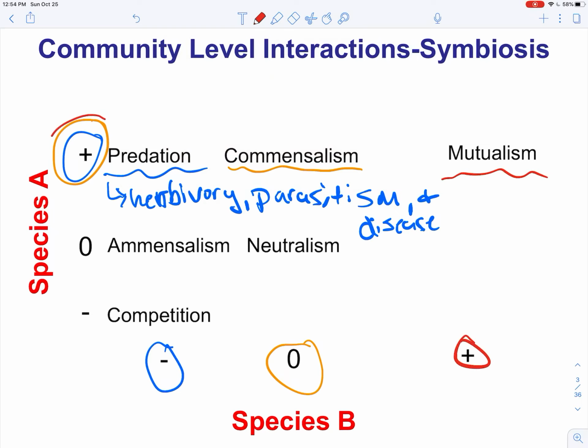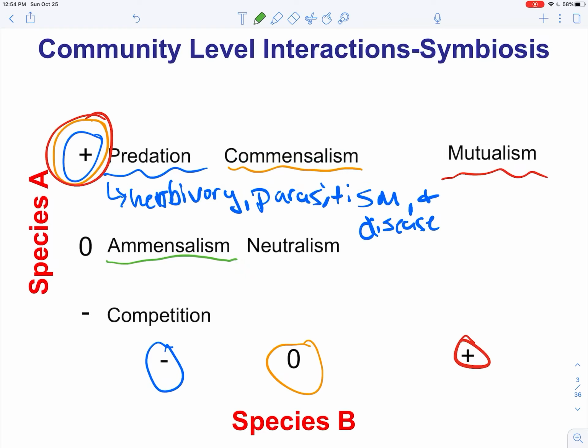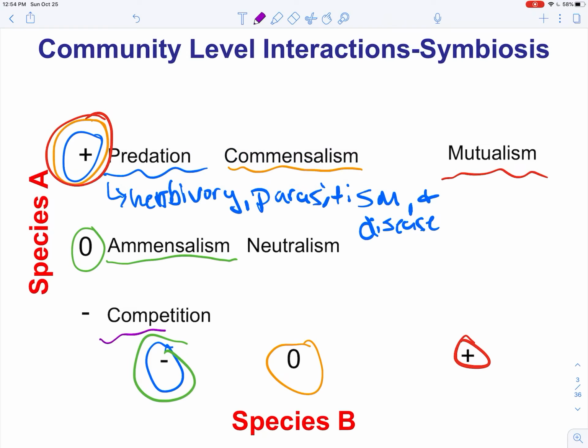Mutualism is when both species benefit from their interaction with each other. With amensalism, one species has a neutral interaction, whereas the other has a negative consequence of that interaction with species A. What we're going to spend most of our time talking about today is competition.